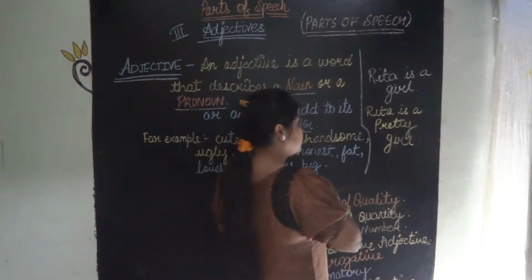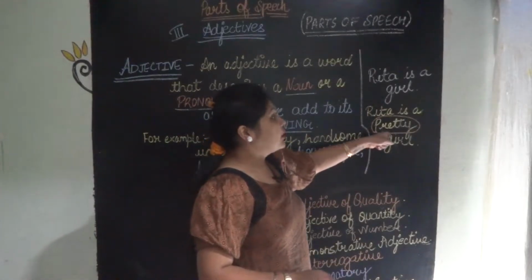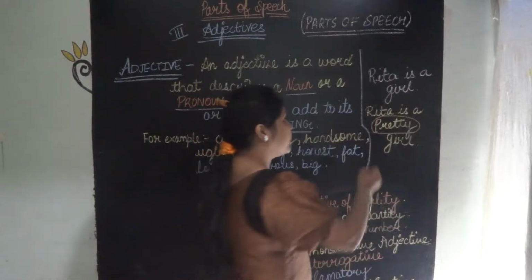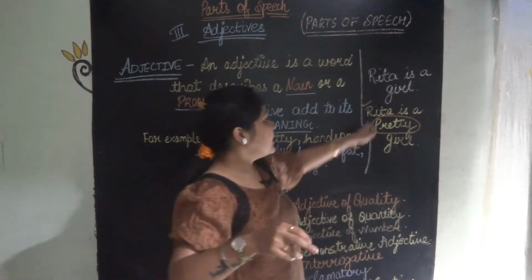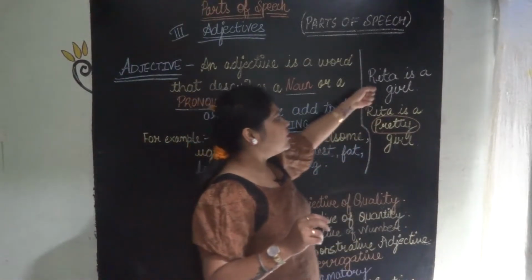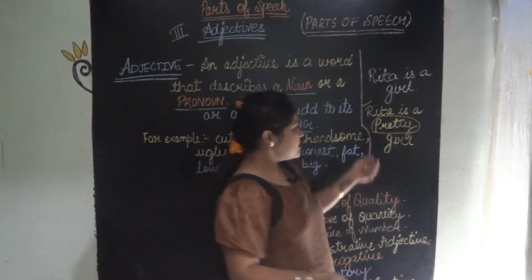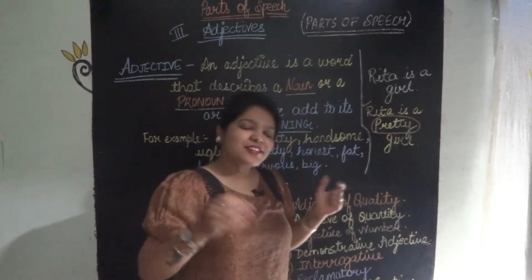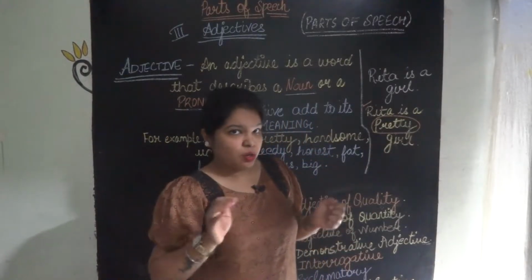This pretty is an adjective, and we have written this pretty to define whom? To define Rita. And Rita is what? Rita is a noun. Got it? We can write Rita is a girl, but Rita is a pretty girl. We have decorated our sentence. We have just given a characteristic to Rita, that she is a pretty girl. We have added meaning.